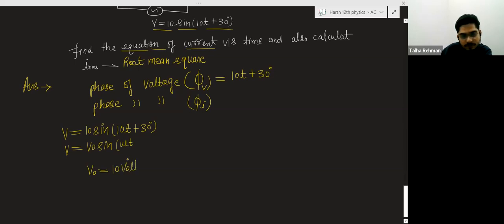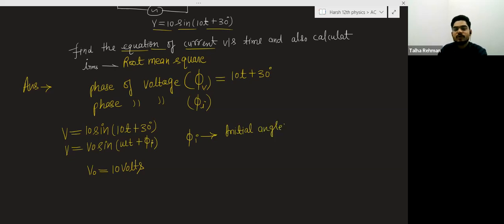What I told you in the starting: not always will the equation of the voltage be like V is equal to V naught sine omega t. Here phi I is the initial phase, some initial angle.